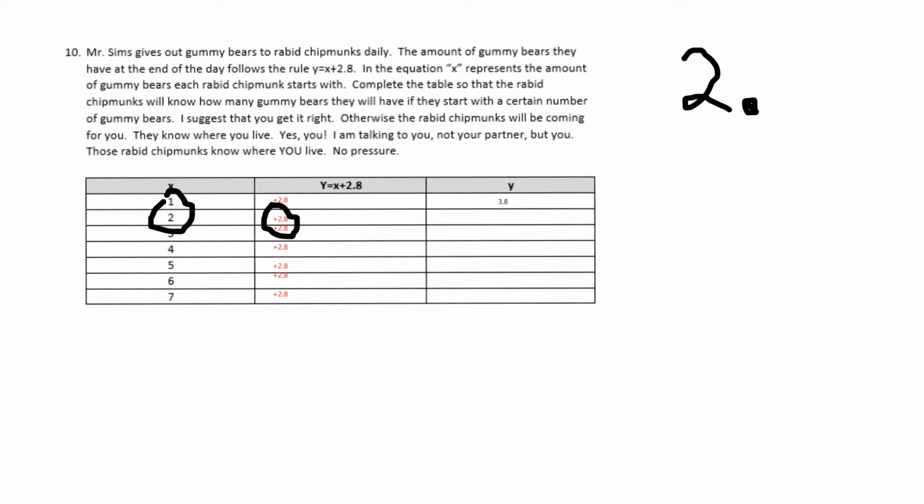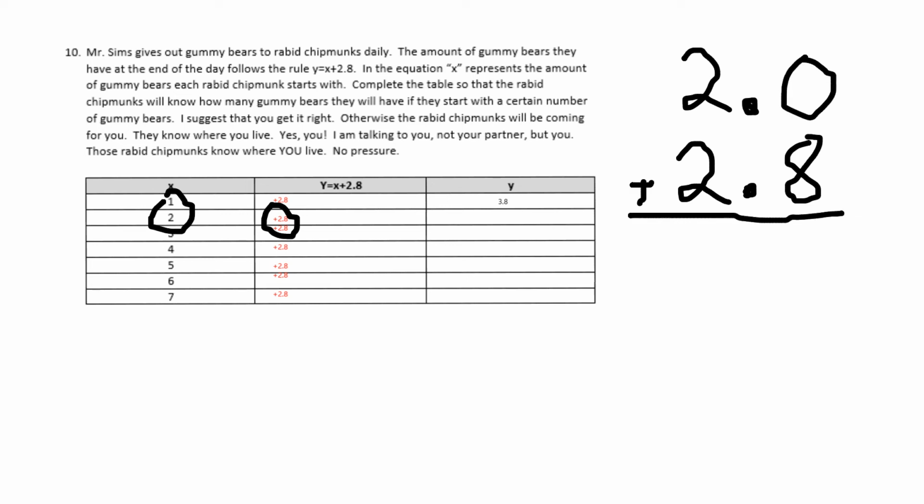It's always after the whole number. So 2, and I'm going to line up the decimal points. That's the most important thing when we're adding and subtracting decimals. Then I need to put a 0 here as a placeholder. 8 plus 0 is 8. 2 plus 2 is 4. So we find that when x is equal to 2, y is equal to 4.8.